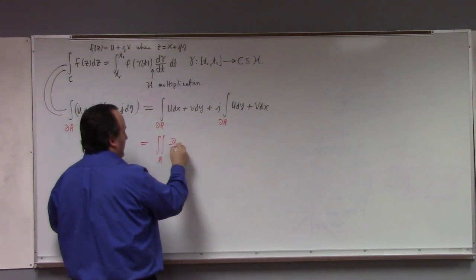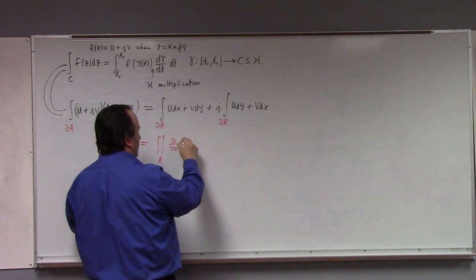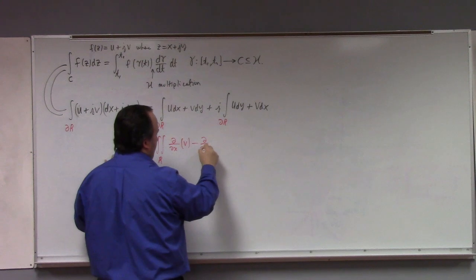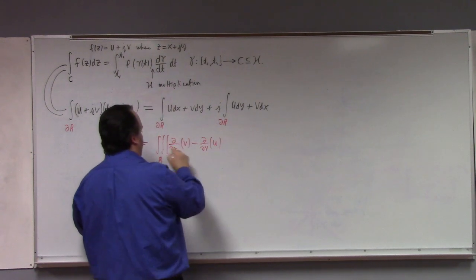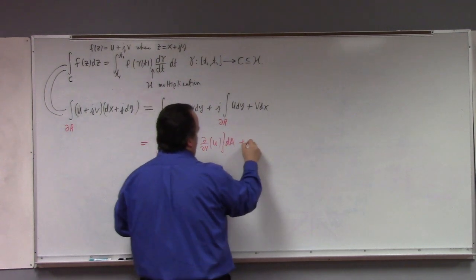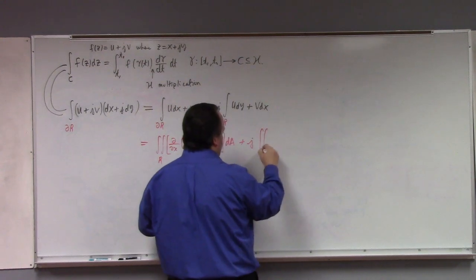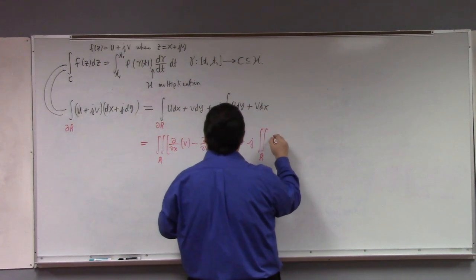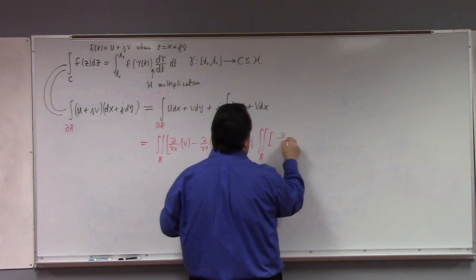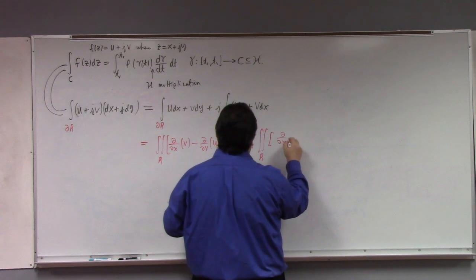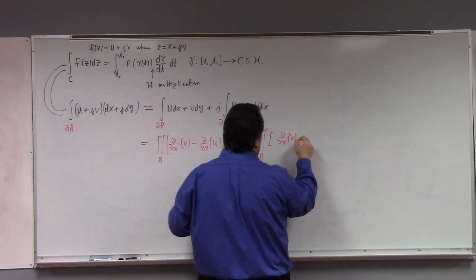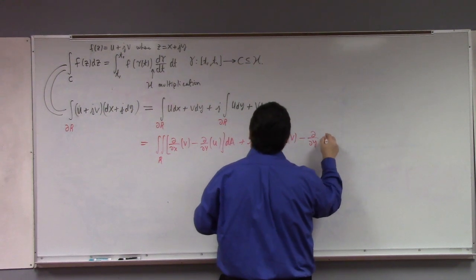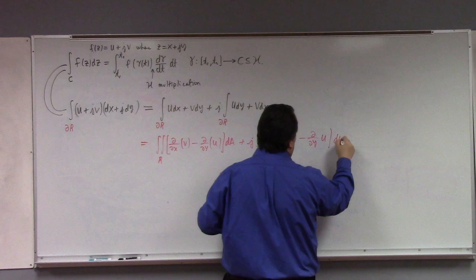We do partial x of the y component minus partial y of the x component, that area integral, plus j times the integral over R of partial x of the y component, which in this case is v, minus partial y of the x component, which in this case is u.